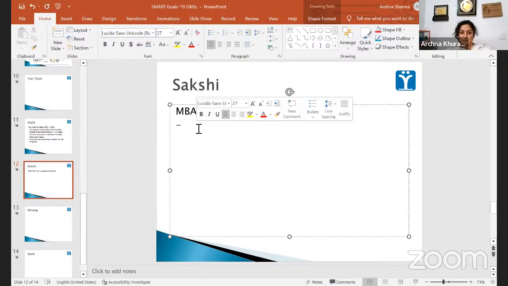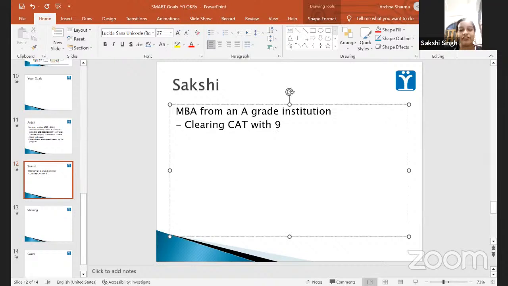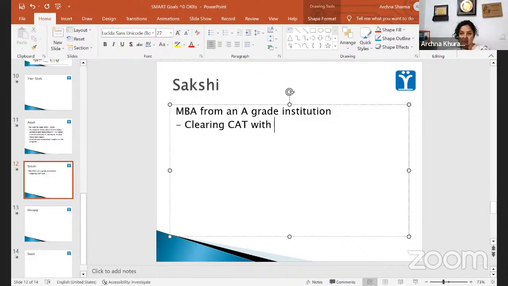So you want to do CAT. कितनी percentile? 85 plus percentile. गोल 90 का रखो ना कम से कम. 85 में तो कुछ भी नहीं मिलेगा.